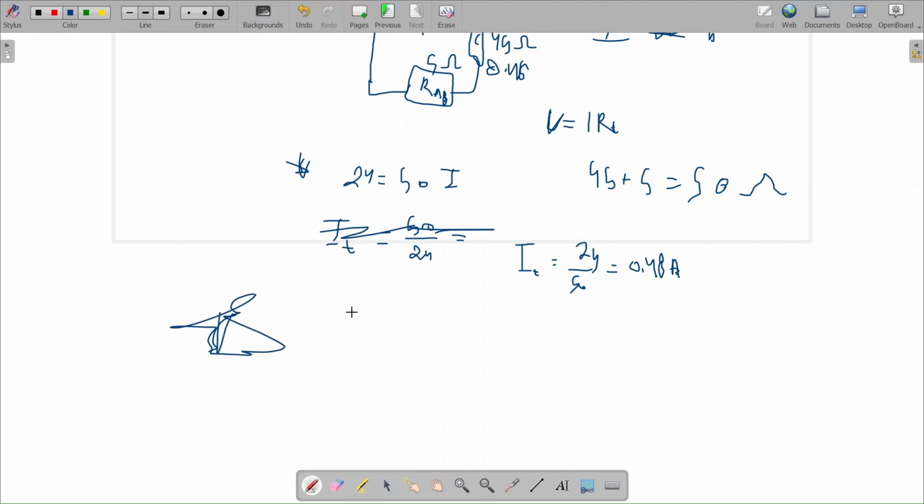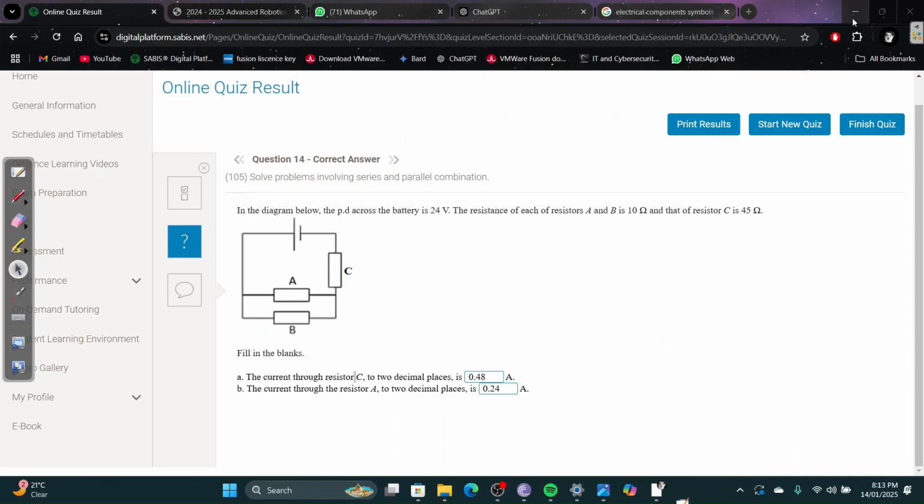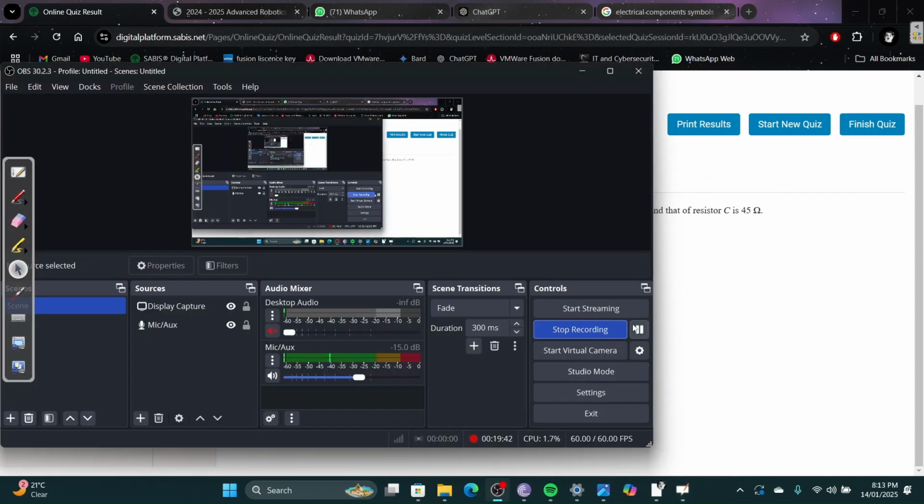So I in AB is equal to the total current minus the current in C, which is 0.48. So IAB is equal to the total current, which, give me a minute.